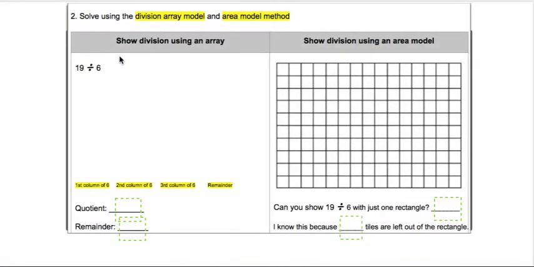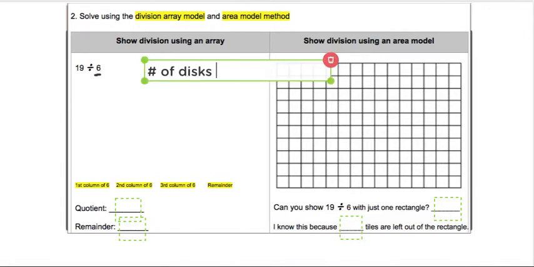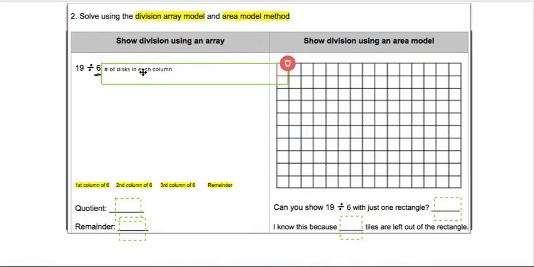Let's try another one. In this problem, we have 19 divided by 6. Remember, our smaller number tells us the number of discs in each column. We're going to go ahead and add that as a note for our 6.